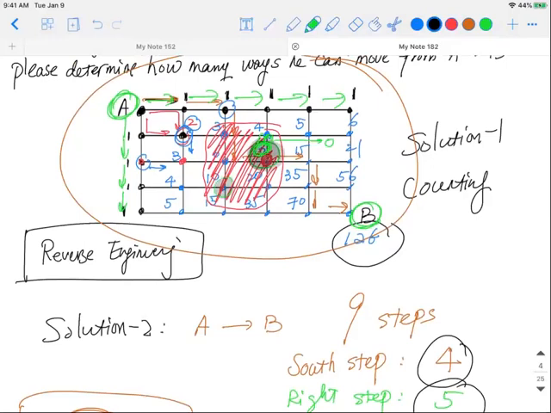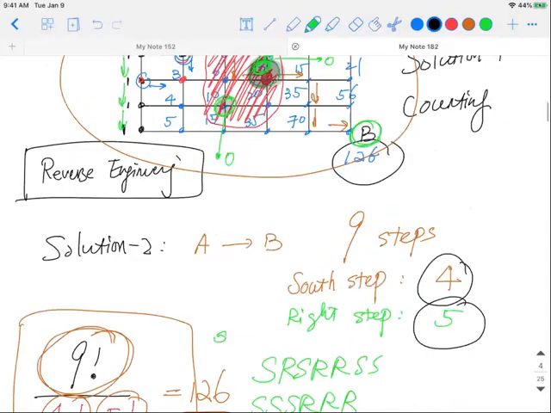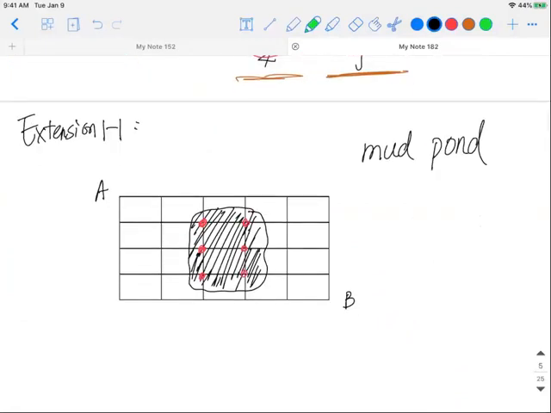No one can reach this point. So every point that has been covered by the mud pond, for now, there's 0 way for you to get there. 0, 0, 0, 0. All right?